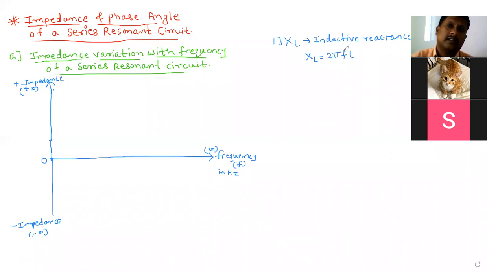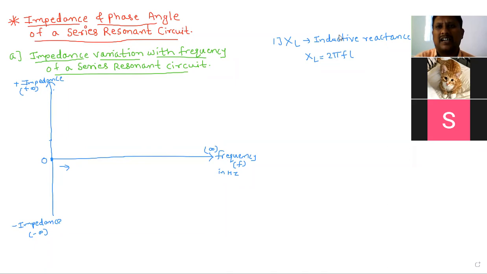So XL is directly proportional to frequency. If F is increased, XL increases, right? So if F is 0, XL is also 0. Means at frequency 0, the XL value is also 0. As we increase the frequency, XL also keeps increasing.